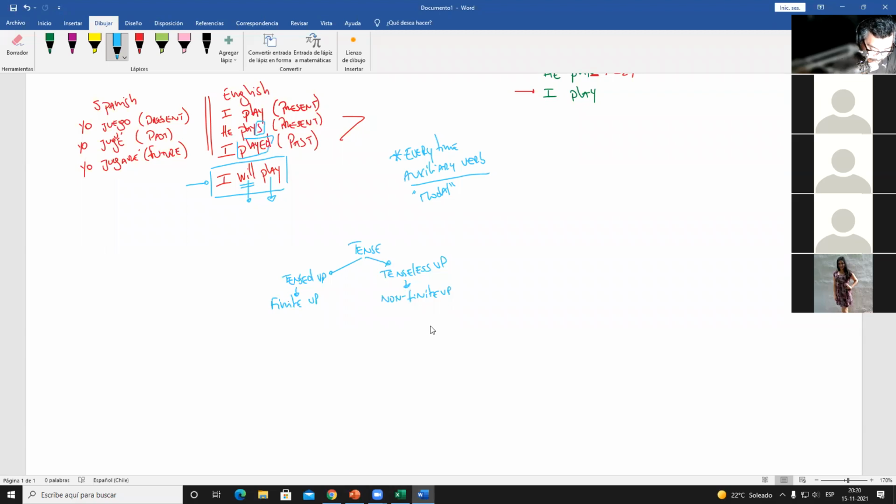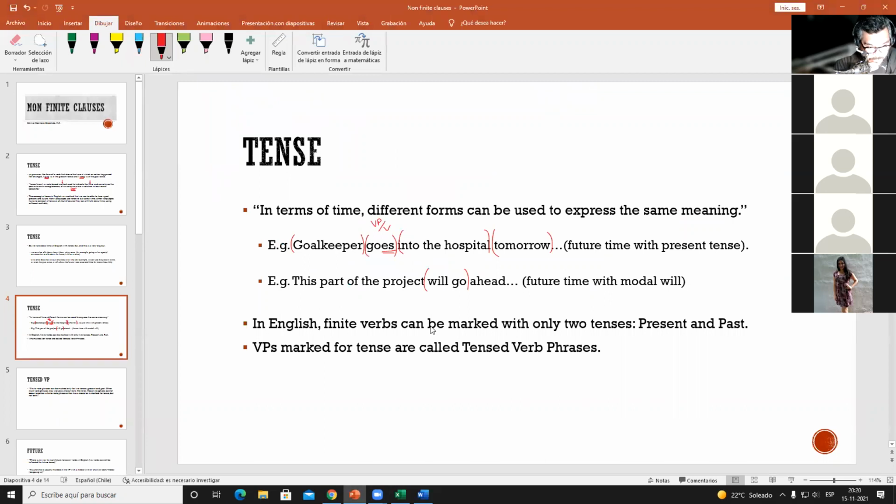So you have the tensed finite verb phrases and the tenseless non-finite verb phrases. In English, finite verbs, that is to say the ones that can represent tense, can be marked with only two tenses, okay? Present and past. I already explained that. When I say present, I'm talking about Z2, and when I say past, I'm talking about ED1.